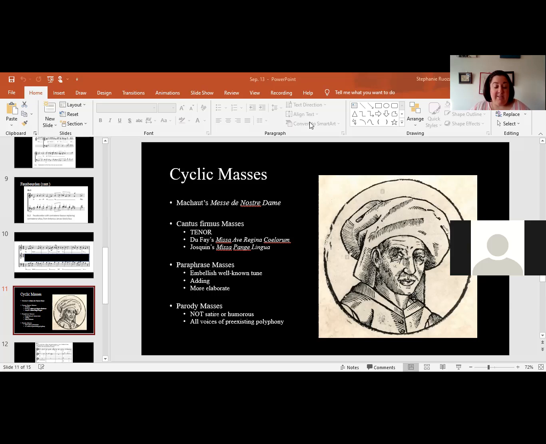Of course, the other option is to set traditional music that doesn't have a composer. So for example, if I'm setting a folk tune, that's the essence of folk music, is that these songs just kind of exist in the ether and we don't have a composer written down. So that's an option too. But it was also an option that if I want to honor a composer, I can paraphrase their song.